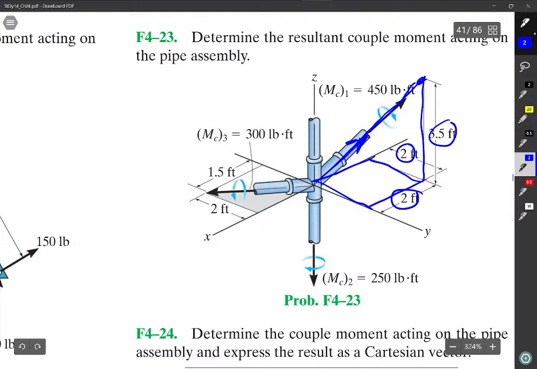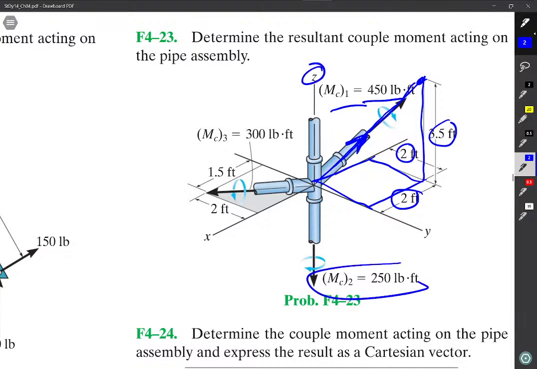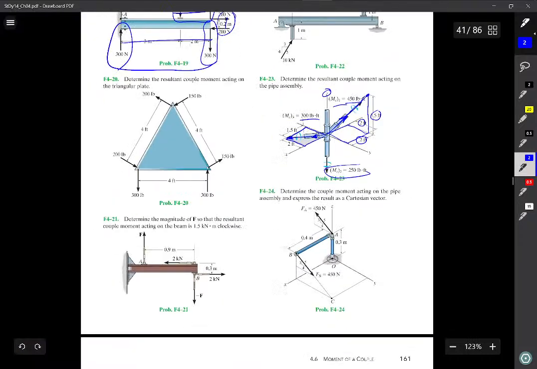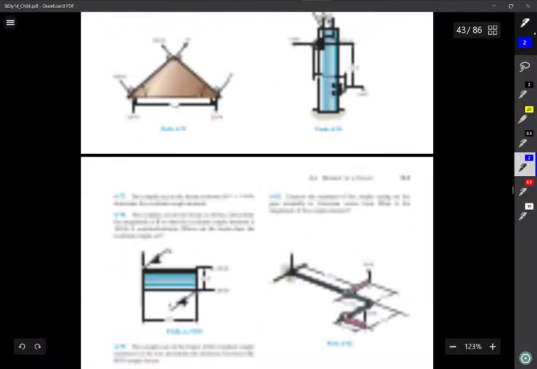You turn it into a unit vector, multiply it times 450, and then you've got this vector. This one's pretty easy. It goes directly in the minus c direction. Same thing here. This one appears to be in the plane, basically comes out this direction. So you find the unit vector coming out here, which is a little easier than maybe that one, multiply it times 300, and add all those up. So all these are just couples.